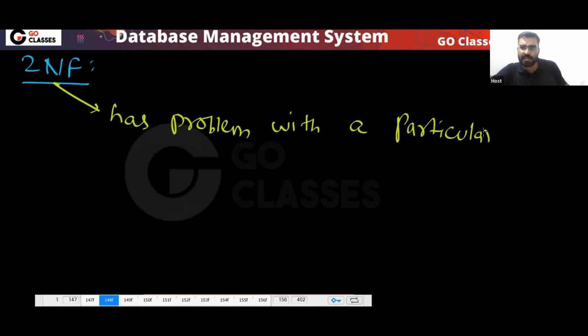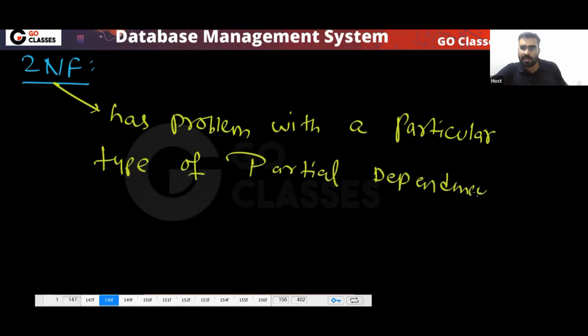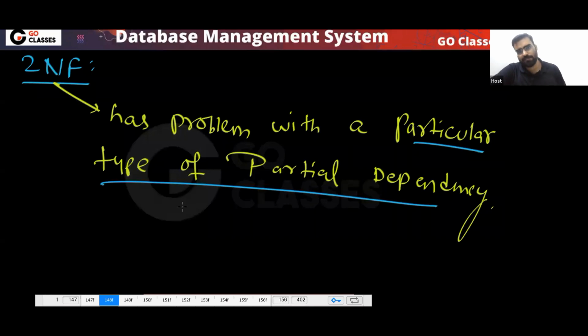Not all partial dependencies. Some partial dependencies are allowed. 2NF does not have a problem with all partial dependencies.